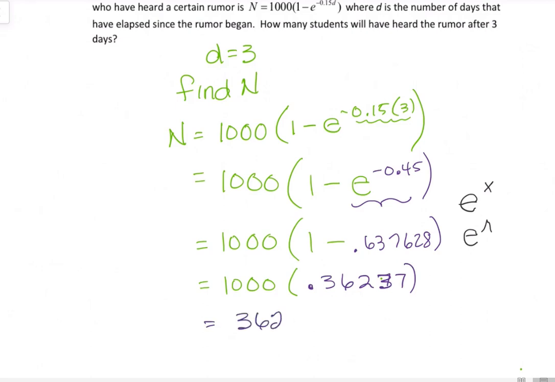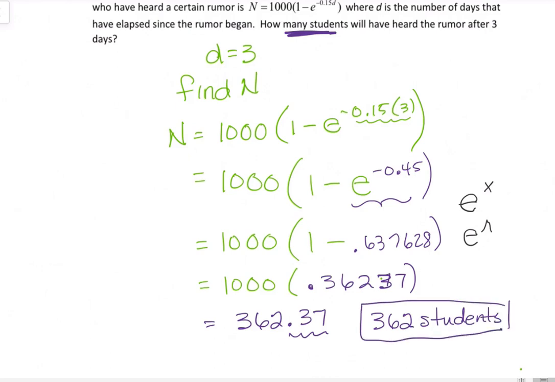So I get 362.37. Now, in terms of the word problem, though, it asks me how many students. So we don't have any third of a student. That doesn't make any sense. So we would just chop it off here where it made sense and say that 362 students would have heard that rumor after 3 days.